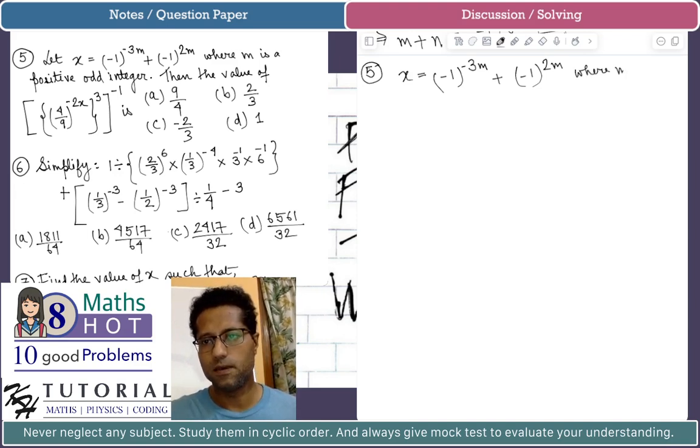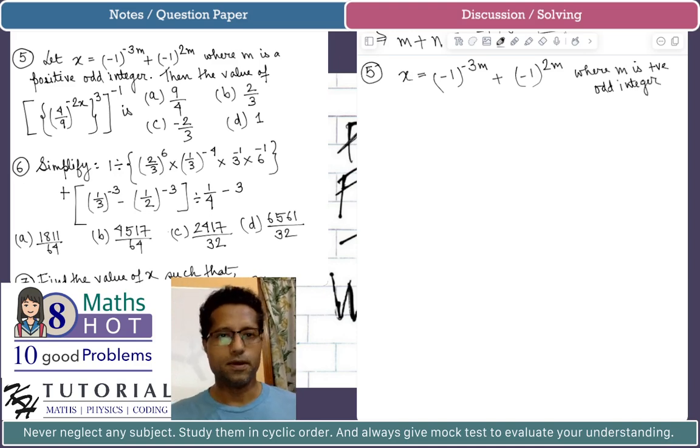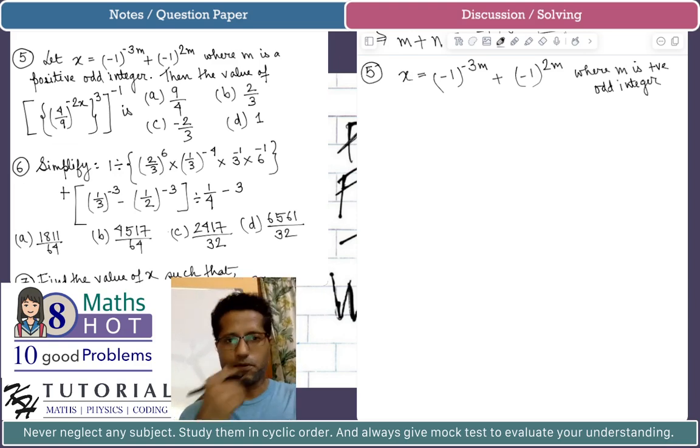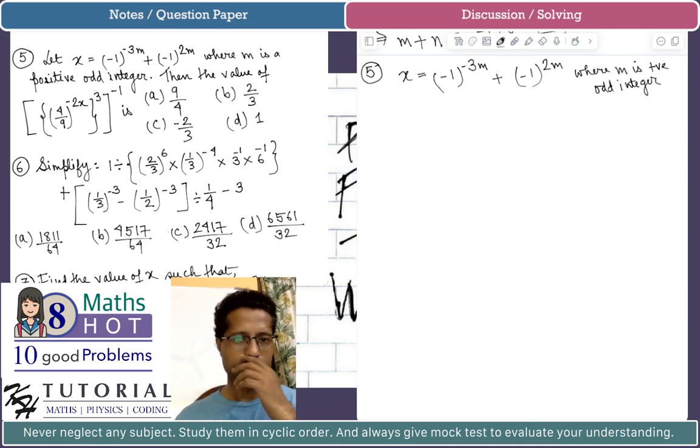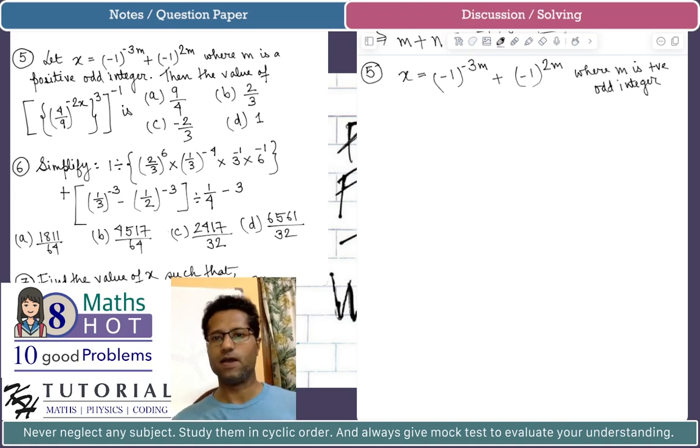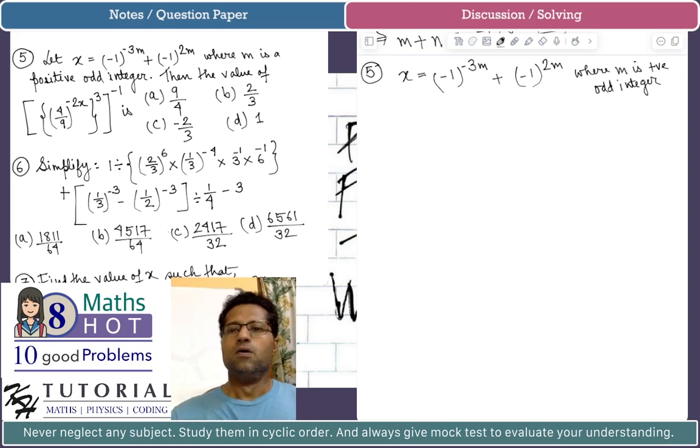This is given. Okay, so we have to find the value of some expression where we have x in the power, and the value of x is given by this, where m is a positive odd integer.